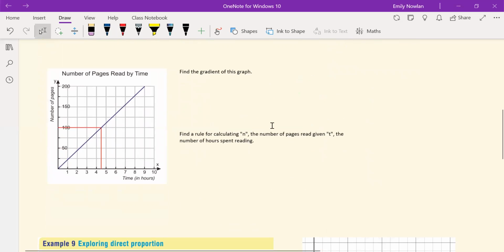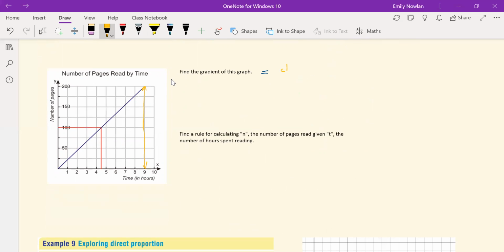So let's have a look at this one. This is showing the number of pages read in hours of reading time. So let's find the gradient in the graph. Now remember, that's the rate. So I need to get the change in the vertical, so all that way up.